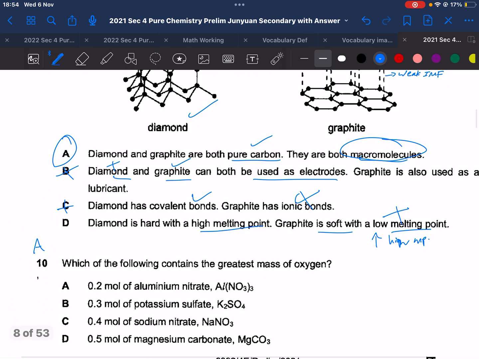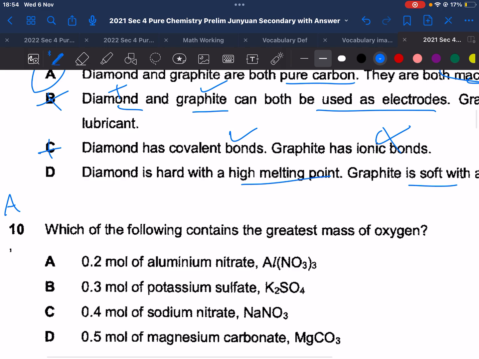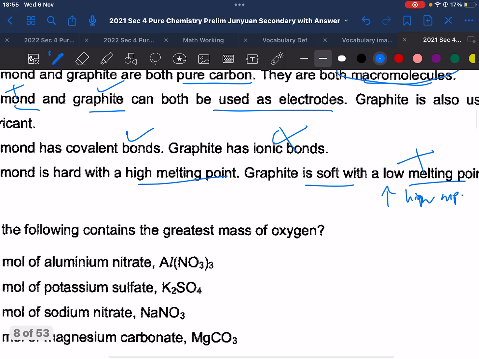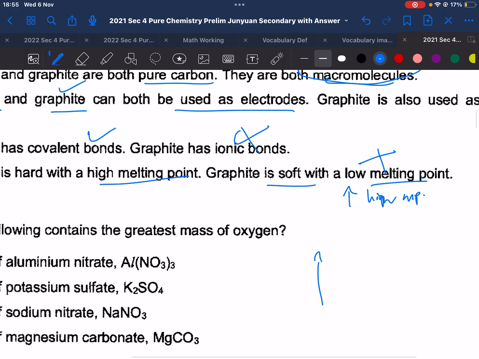Which of the following contains the greatest mass of oxygen? So what do we do? We just find the number of moles of oxygen, because the moles of oxygen is directly proportional to the mass. As the moles increase, the mass increases linearly.